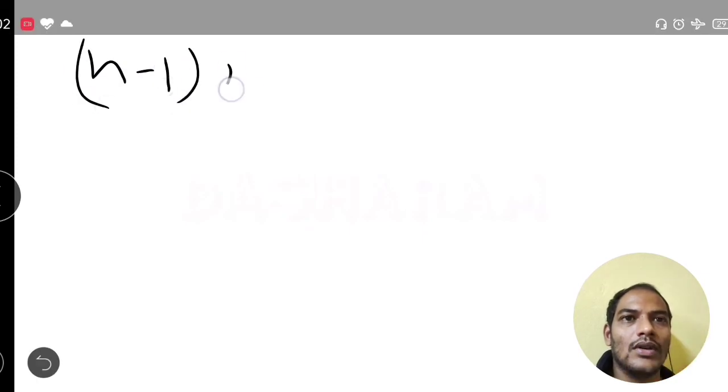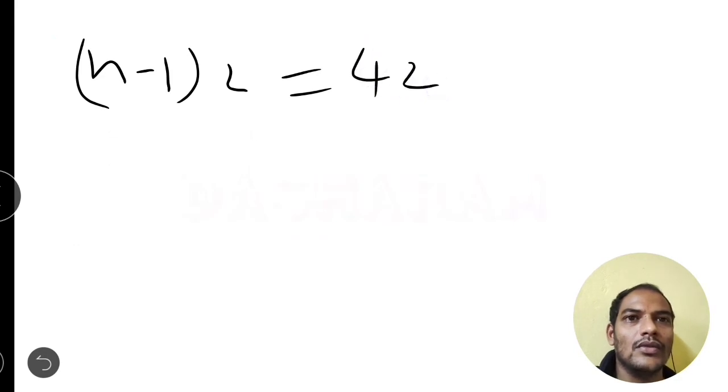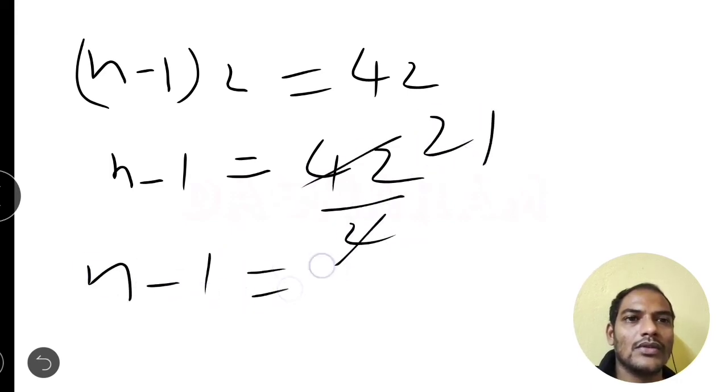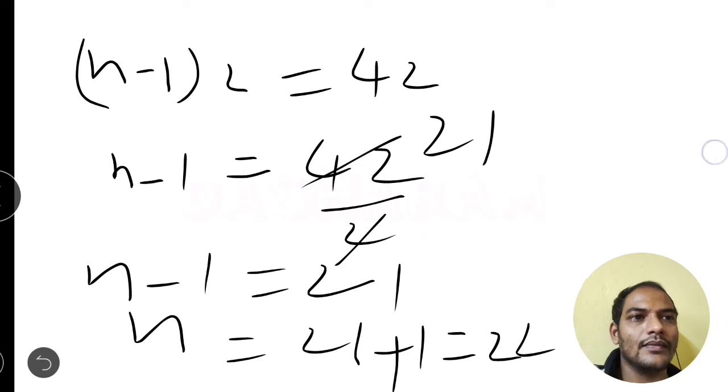So n minus 1 into 2 equals 45 minus 3, which is 42. Then n minus 1 equals 42 divided by 2. So 2 ones are 2, 2 twos are 4, so 21. So n minus 1 equals 21. Then n equals 21 plus 1, which equals 22. So the n value is 22.